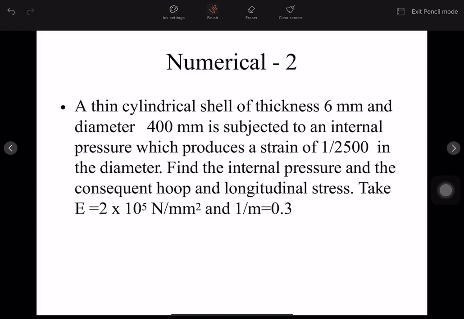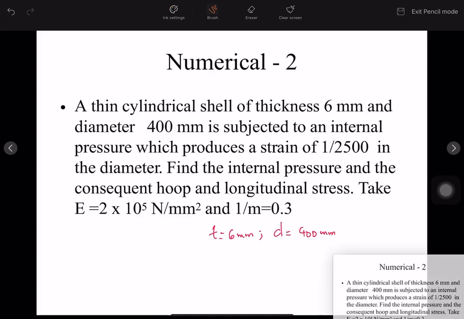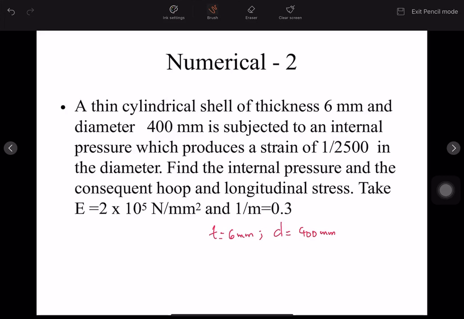So with this knowledge, we'll solve one more numerical. A thin cylindrical shell of thickness 6 mm and diameter 400 mm is subjected to an internal pressure which produces a strain in diameter.